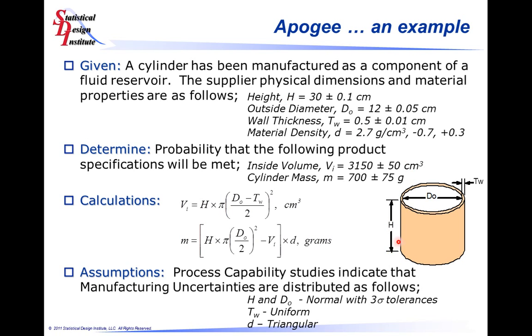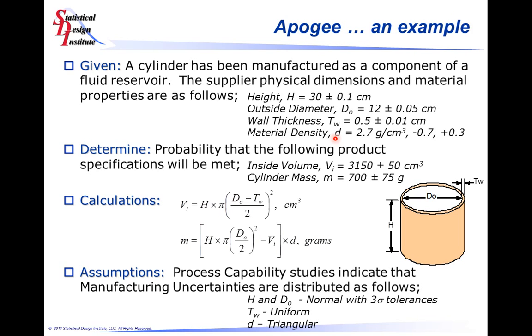There is an outside diameter of 12 centimeters with an assigned tolerance. The fluid reservoir has a wall thickness of 0.5 centimeters with an assigned tolerance. And the material that we're using to manufacture this cylinder has a particular density in terms of grams per cubic centimeter, with a tolerance also on this material density that we're analyzing.